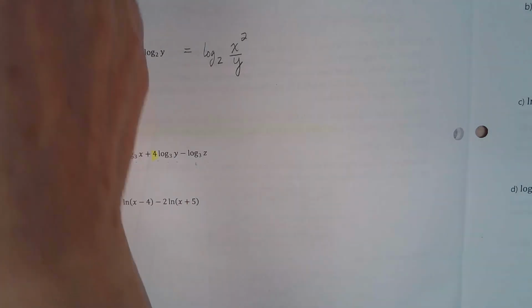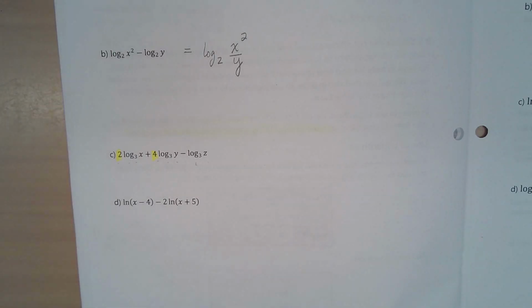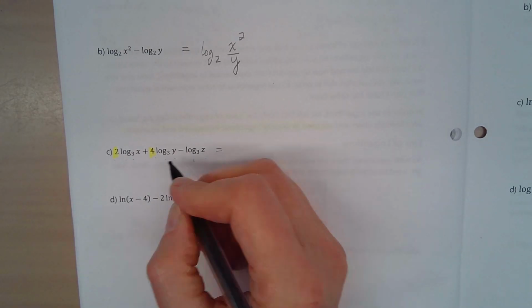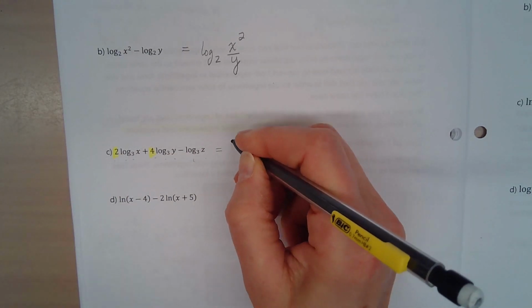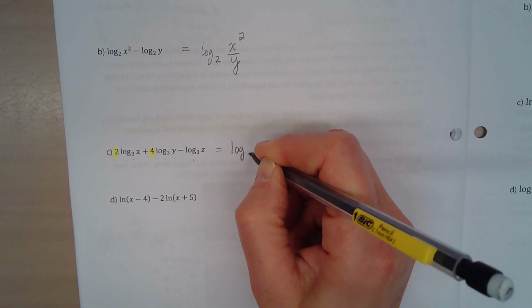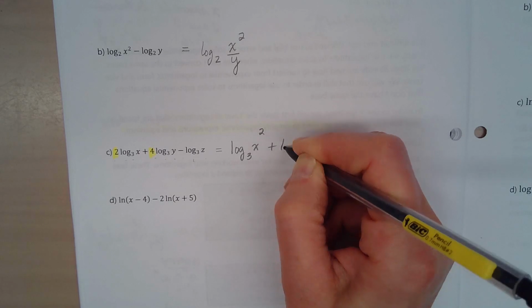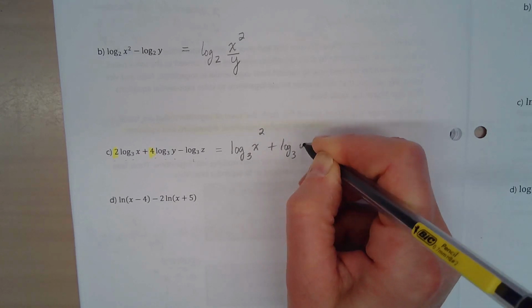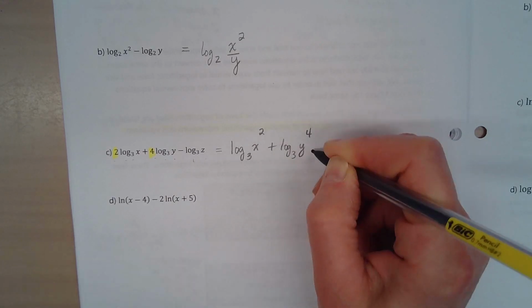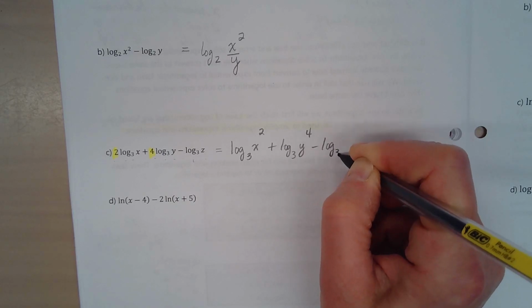So what would I do with those coefficients so that I could combine my logs? They become the exponents. So first, this would be log base 3 of x squared plus log base 3 of y to the power 4 minus log base 3 of z.